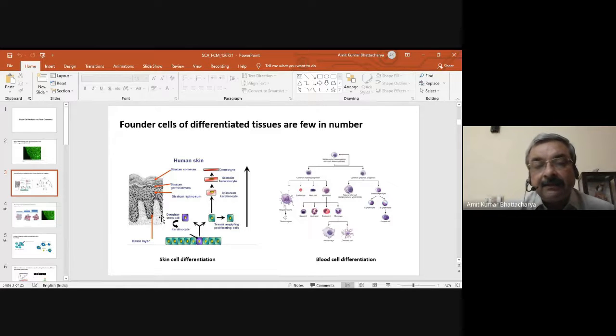But as the stem cells differentiate, their numbers also multiply and they become more, and therefore you will find more differentiated cells which you actually pick up. So you would not have been able to detect these stem cells if you are looking at the entire population of differentiated cells.